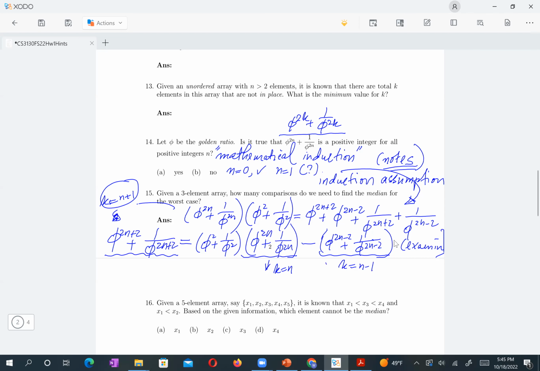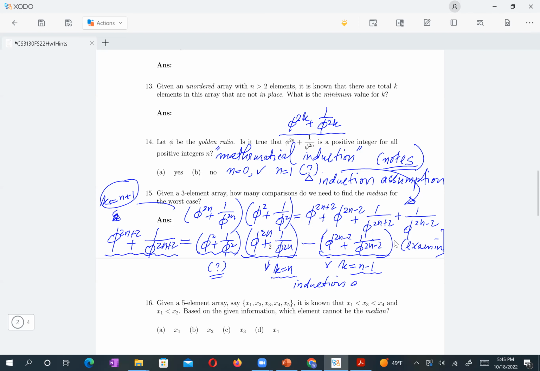This square thing, can you verify? Remember the question mark before? Can you fix the question mark first? After that, with k equals n minus 1, can you connect to the induction assumption?